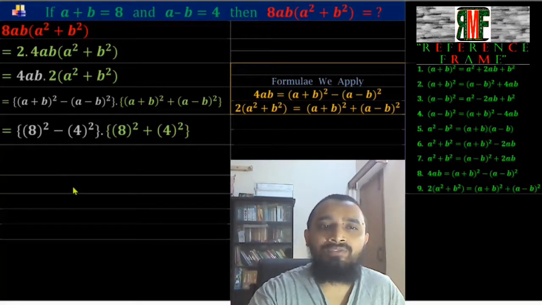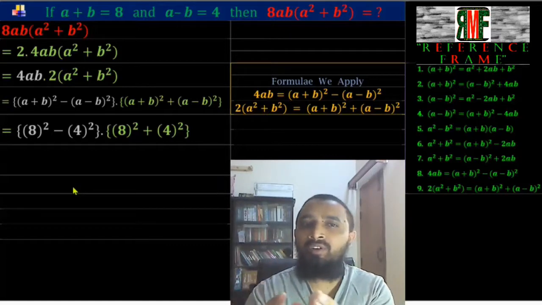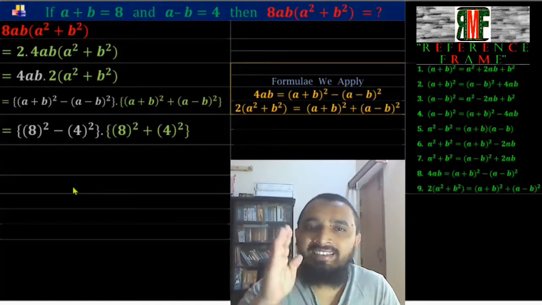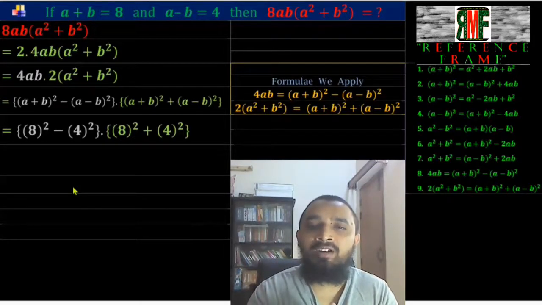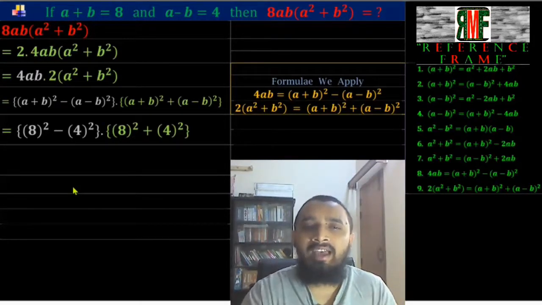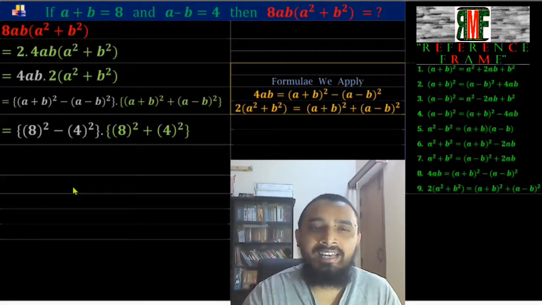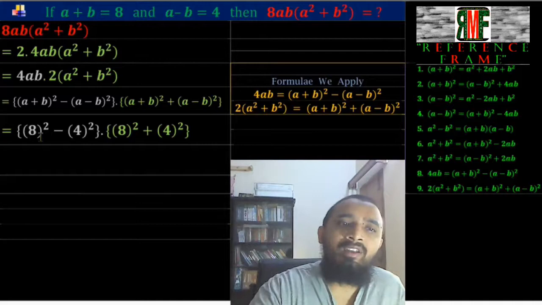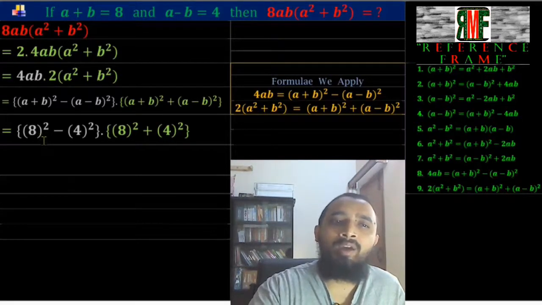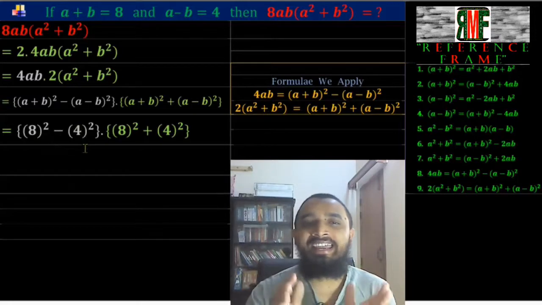If we put down the values, we get 8 square minus 4 square into 8 square plus 4 square. Here the second bracket, the parenthesis, is a must. If we do not put down the parenthesis, you will get a big 0. Now, the value of 8 square is 64, and the value of 4 square is 16.